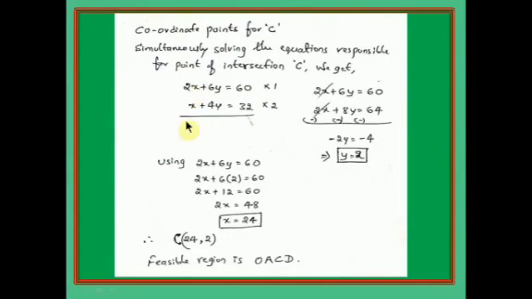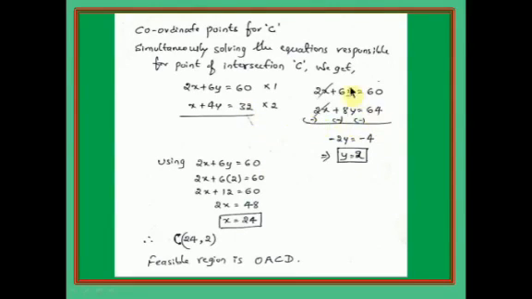So better, if I have to cancel the x values, here it is already 2x and here it is x, so let it be multiplied by 2. The entire equation has to be multiplied by 2. So the first is as it is, since it is being multiplied by 1: 2x plus 6y is equal to 60, and here again 2x plus 8y, because 2 multiplied by 4 and then y, 8y, is equal to 32 multiplied by 2, 64.